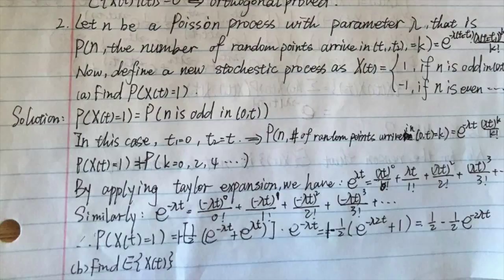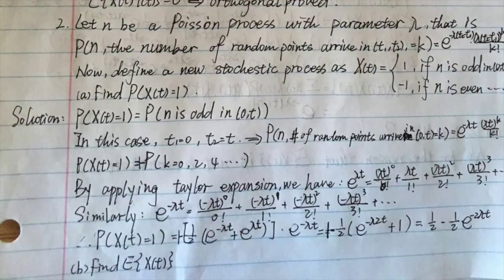I first calculated the even situation, when k equals 0, 2, 4, and so on, the even numbers. And by subtracting it from 1, I can get P(X_t equals 1). So I do it.